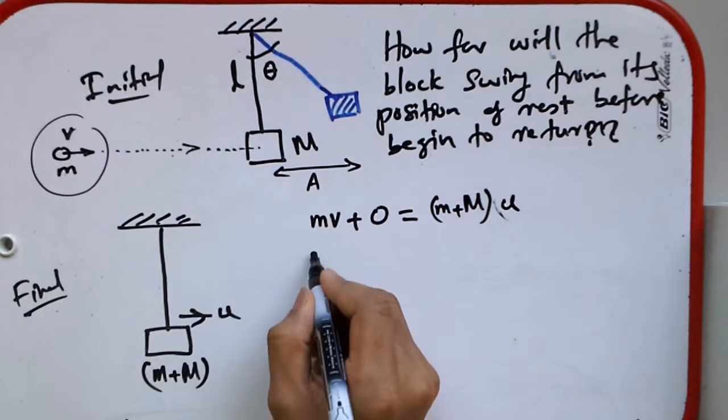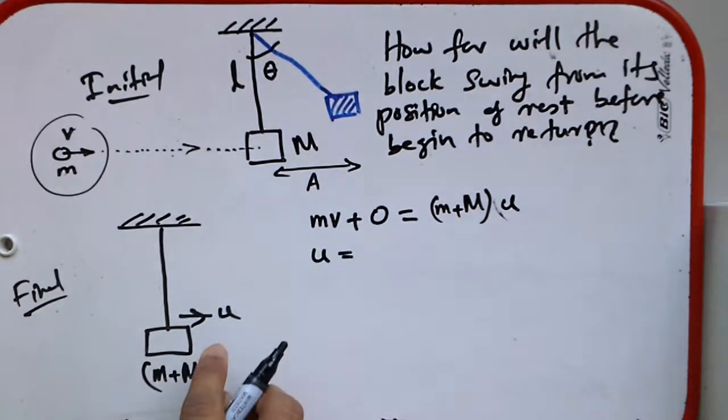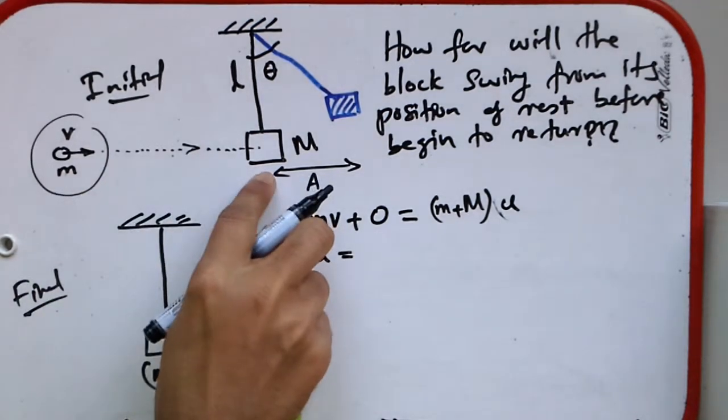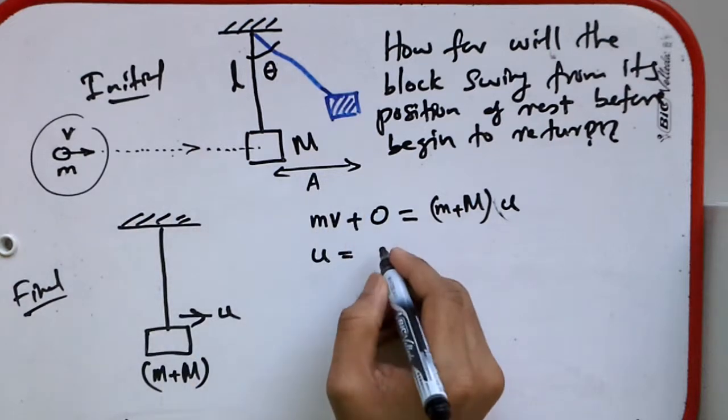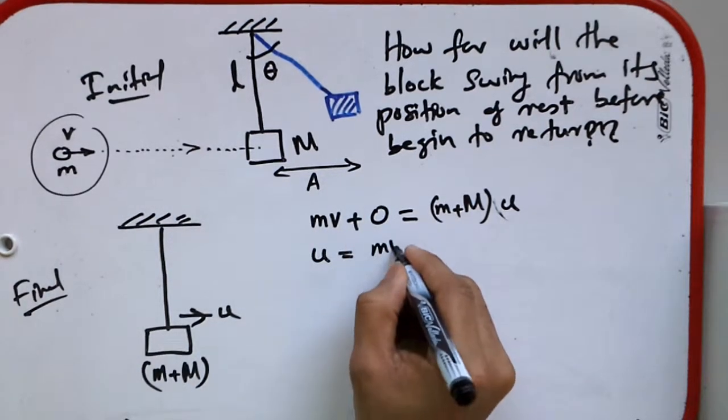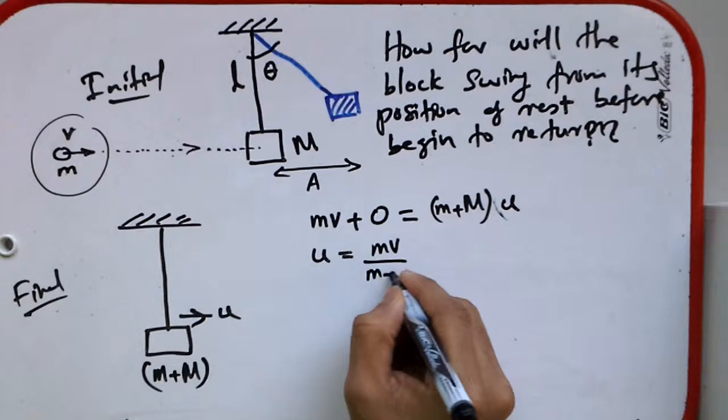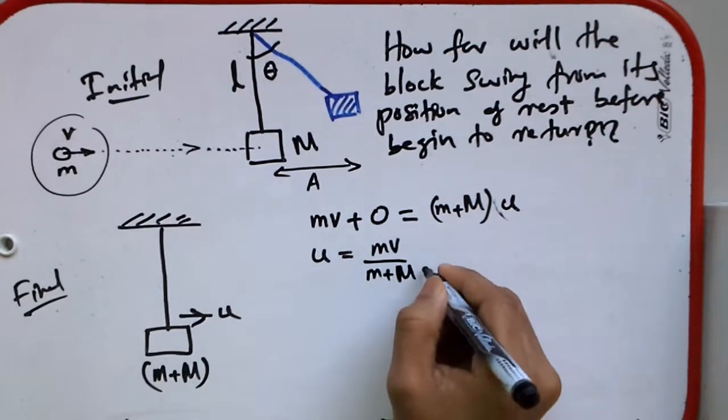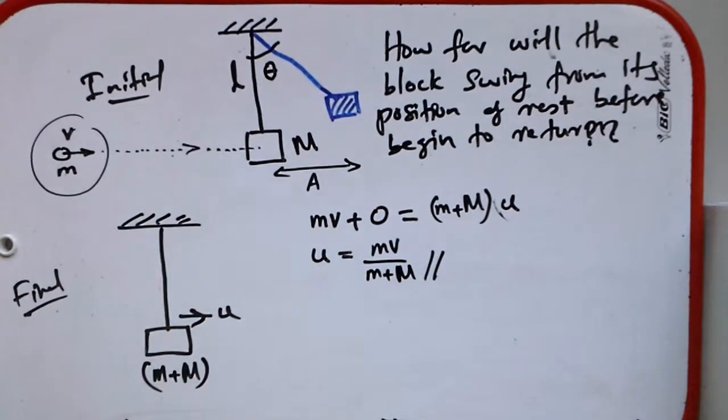So from here I can calculate the initial velocity of this system after it is attached with this bullet, which would be small m v over small m plus big M. So this is the velocity of the whole system now.